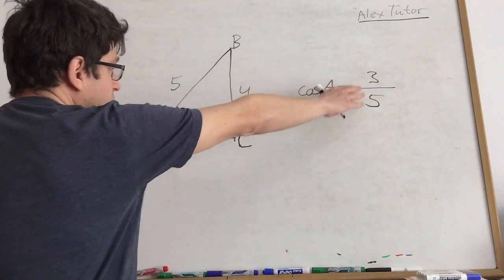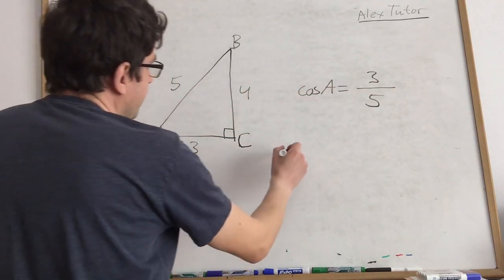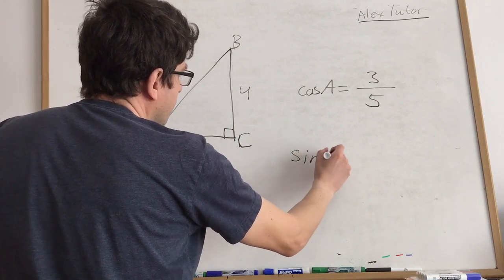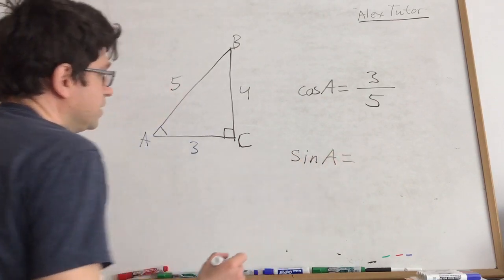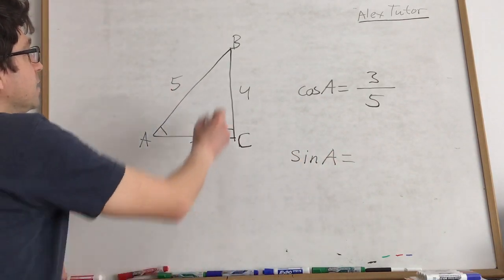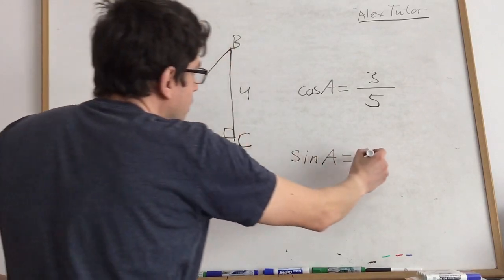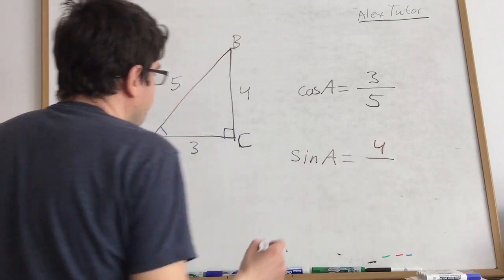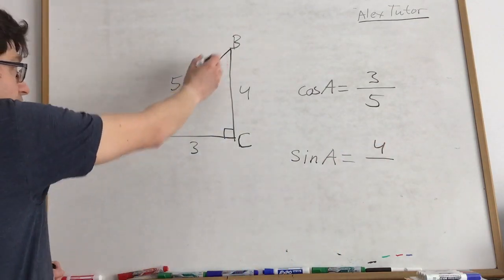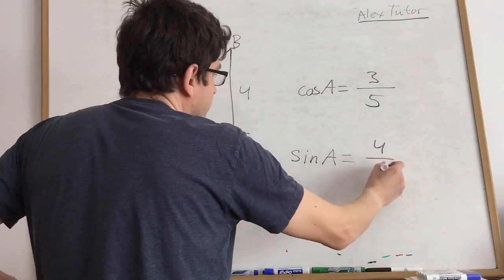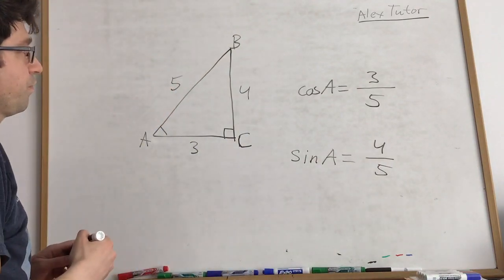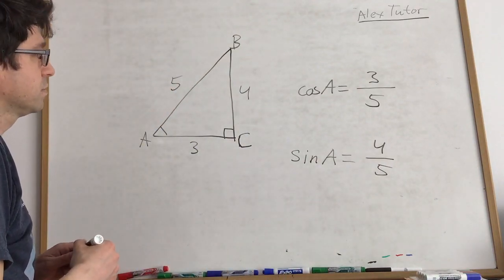So that's the cosine of angle A. Now what is sine of angle A? Sine of angle A is opposite leg, which is 4, divided by hypotenuse, which is 5.